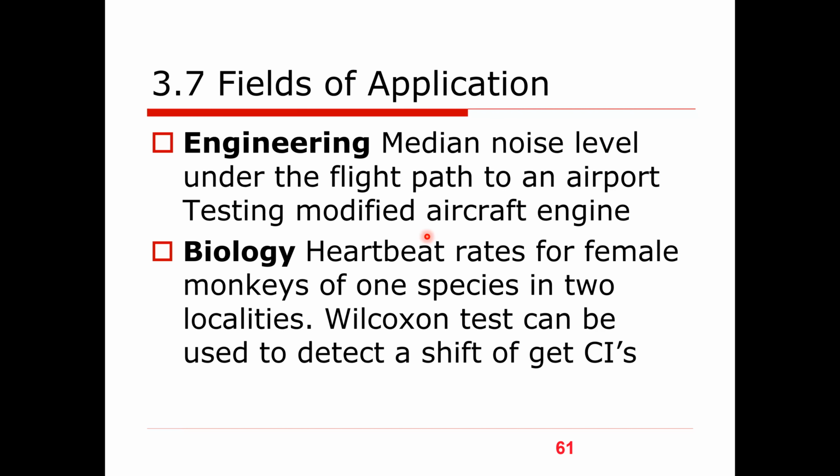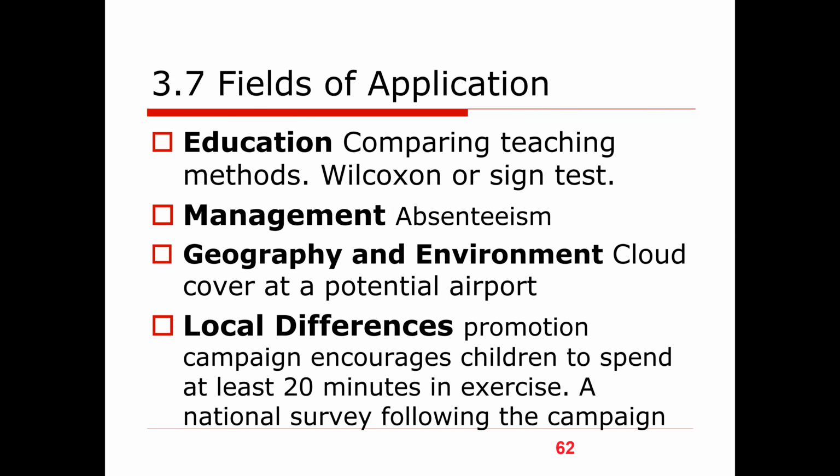So another field, biology: insights into the heartbeat rates for female monkeys of one species and 2 little cats. So for all these problems, we can use the Wilcoxon test to detect a shift in the location of the median, or get confidence intervals to cover a certain range. Within that range, there would be the median.